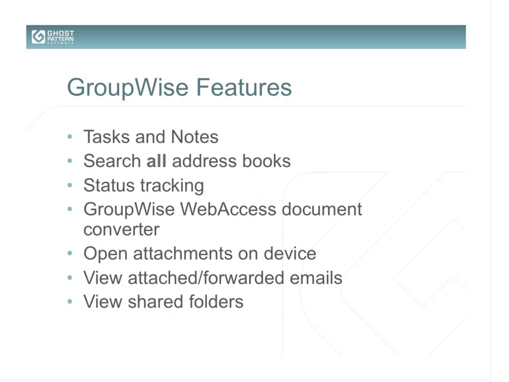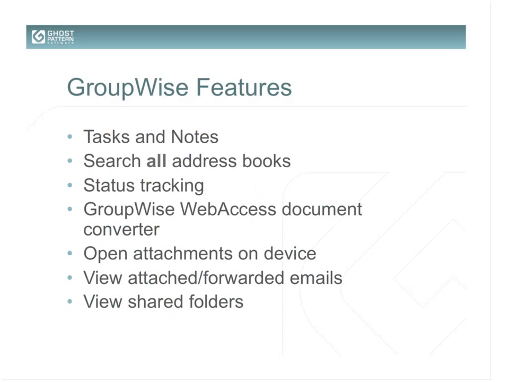Now let's talk about these apps. Why are they different or better than maybe some other solutions? Well, you're going to get access to your tasks and notes. So not just emails and appointments, but everything GroupWise gives you. You're going to be able to search all your address books.